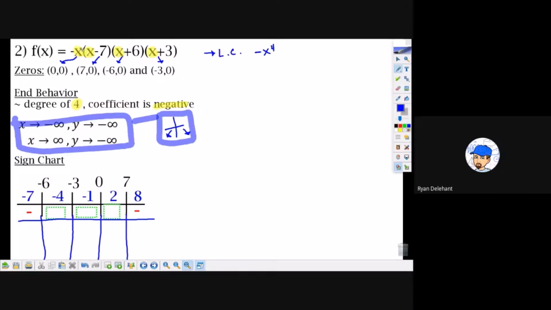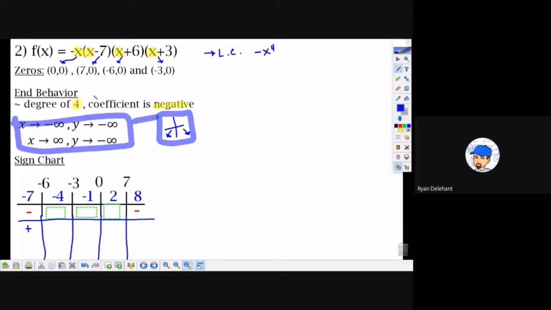Because this negative x is going to be tricky. So we should have 4 signs in each one of these regions. If we plug this negative 7 in, what is negative 7? Is it positive or is it negative? It's positive. That negative with the x is going to flip the sign of whatever we put in there.